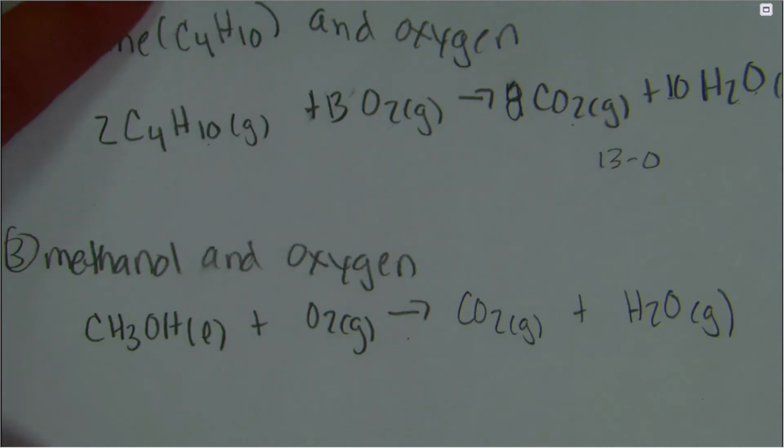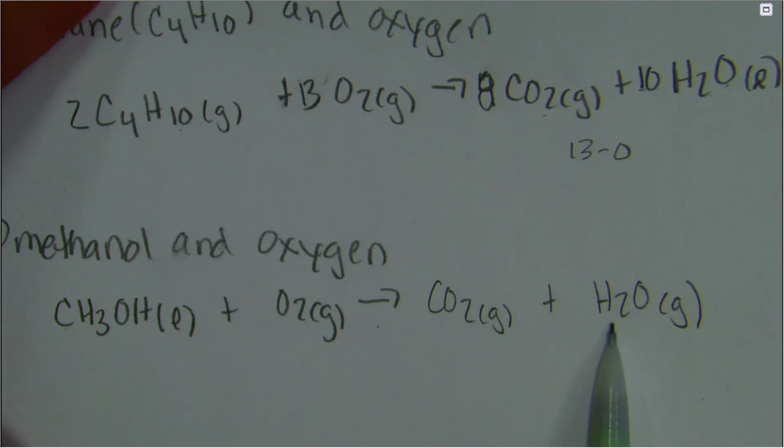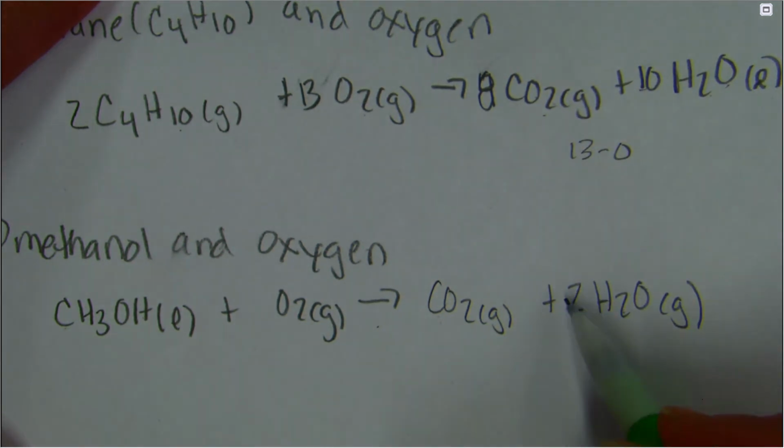All right, and then I have to balance. I have 1 carbon on the left and 1 on the right. 3 plus 1 is 4 hydrogens. So I have to put a 2 in front. 2 times 2 is 4. Now I have 2 oxygens plus an additional 2 oxygens is 4.